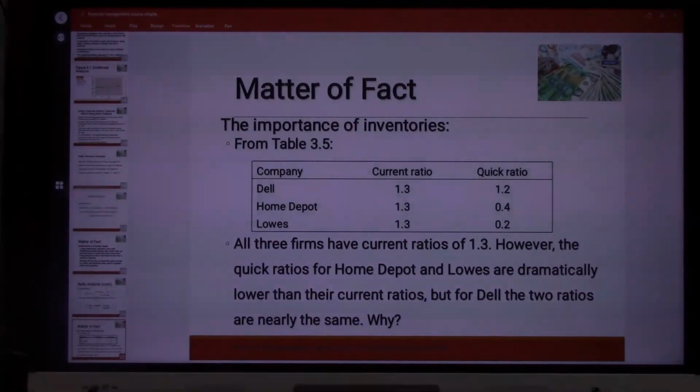I think this table gives us a good justification regarding the main difference between the current ratio and the quick ratio, and you must be careful of such a difference.